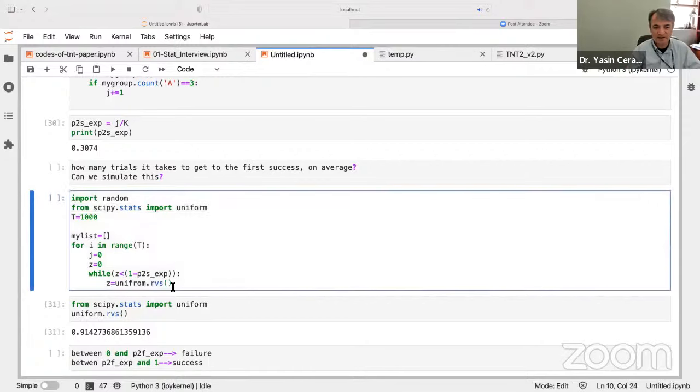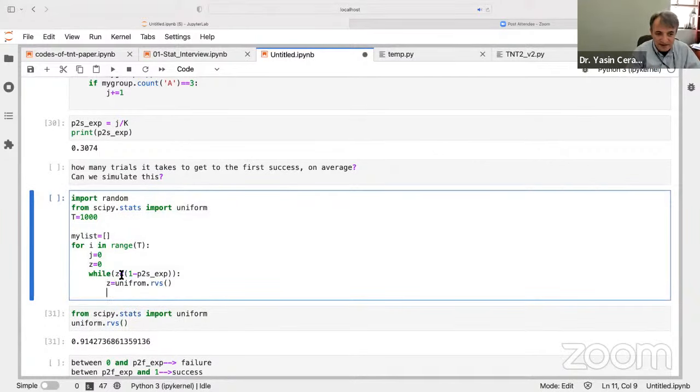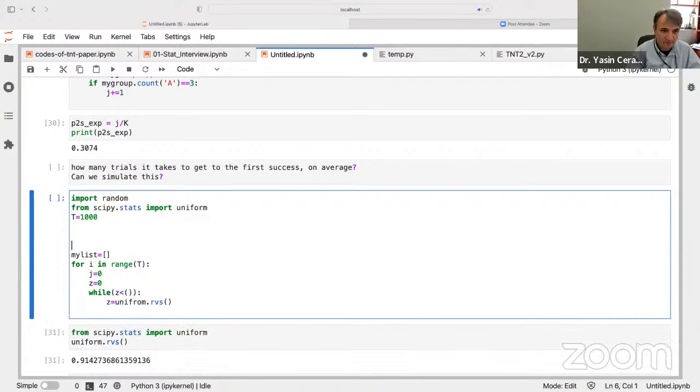So I got Z, and every time Z is a single number. Then, as long as Z is less than this probability of failure, 1 minus the probability of success, this one, let me write it here explicitly. This is the second experiment's probability of failure, P2F.